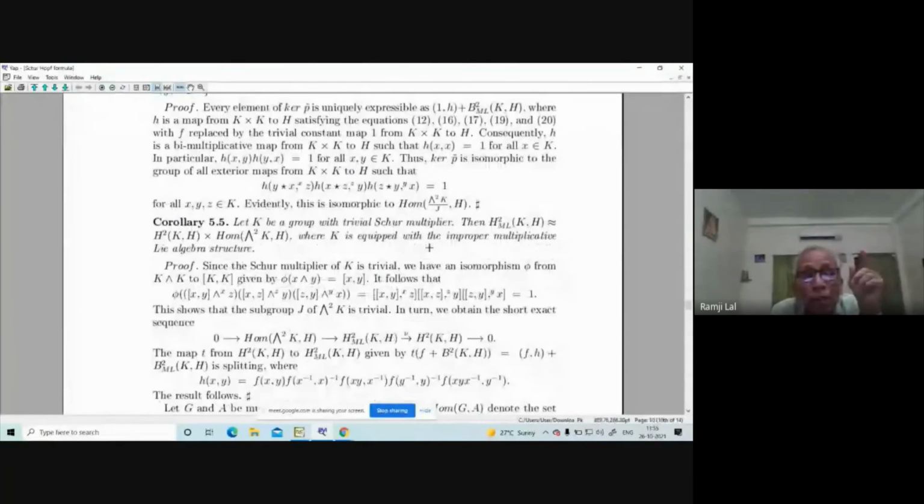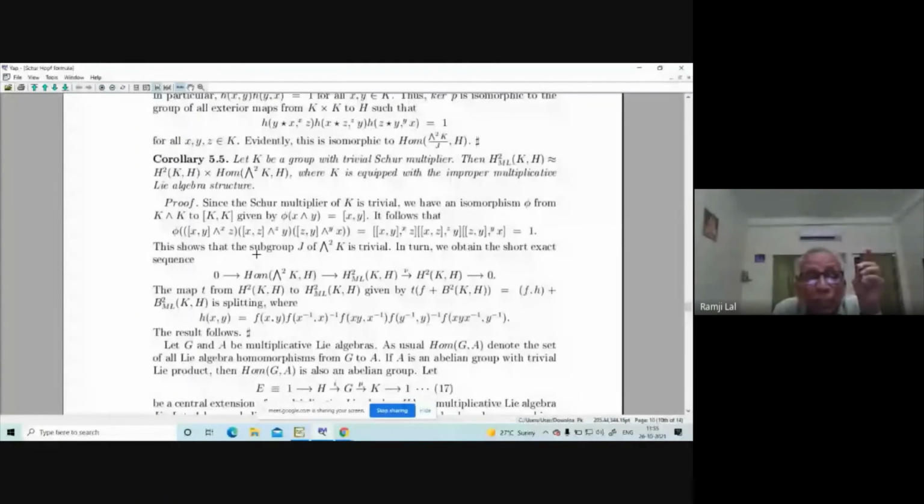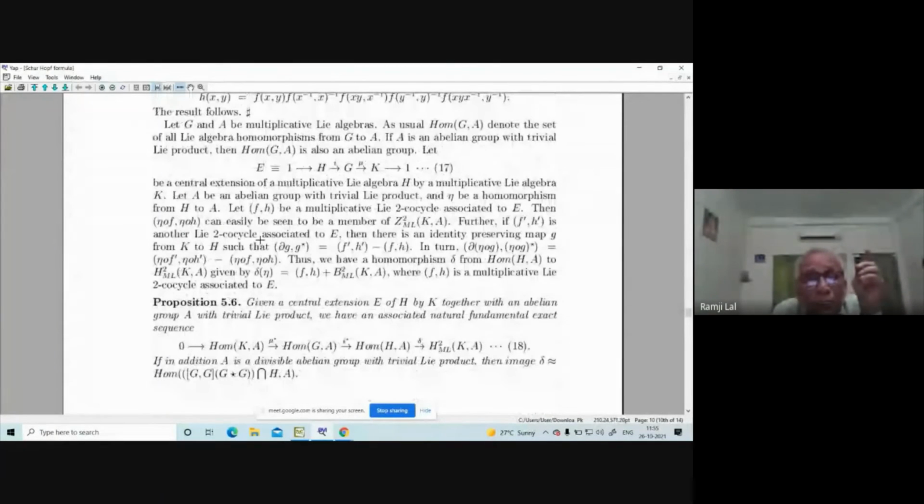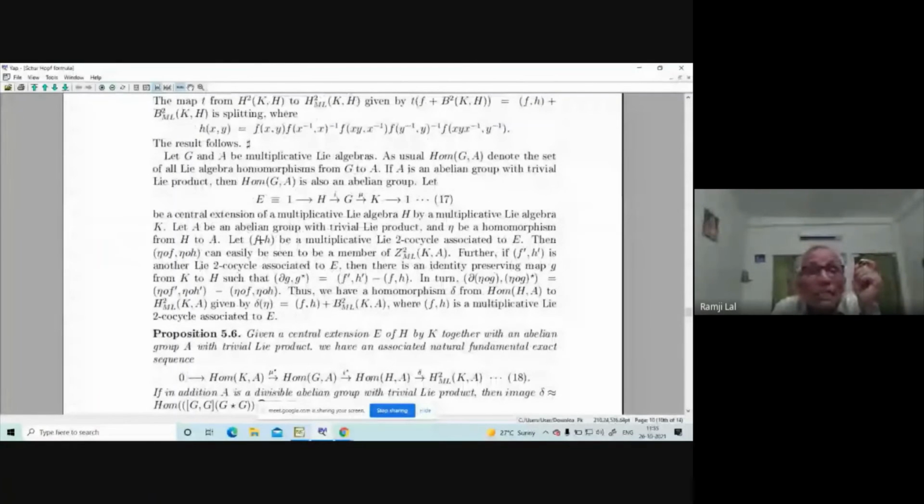So that is the thing which follows from this. This is the formula, and that is also there. If G and A are multiplicative Lie algebras, as usual you can talk of Hom(G, A), the set of all Lie algebra homomorphisms from G. If A is an abelian group with a trivial Lie product, then this is also an abelian group.